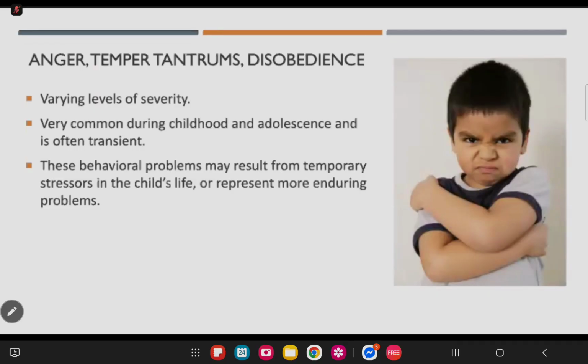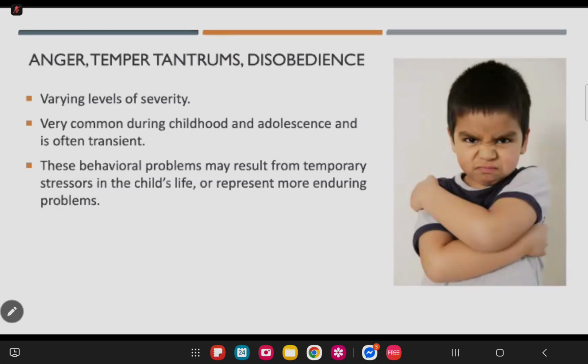Behavioral symptoms are of varying levels of severity, such as anger, temper tantrums, and disobedience. Often, these children argue with adults or refuse to comply with adult rules and requests, and this is very common during childhood and adolescence, but it is transient.